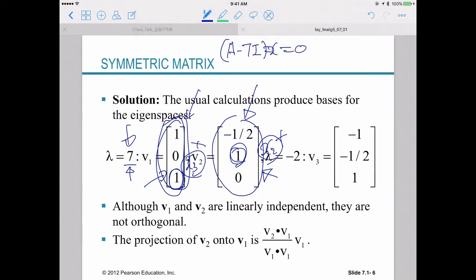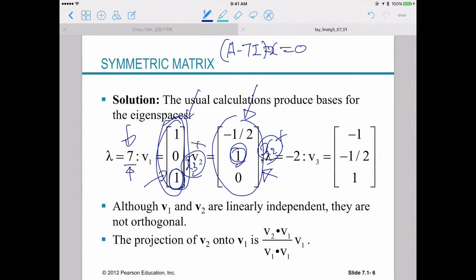But we can further orthogonalize them by using the Gram-Schmidt process. So if we have these two linearly independent eigenvectors, we do the Gram-Schmidt orthogonalization.